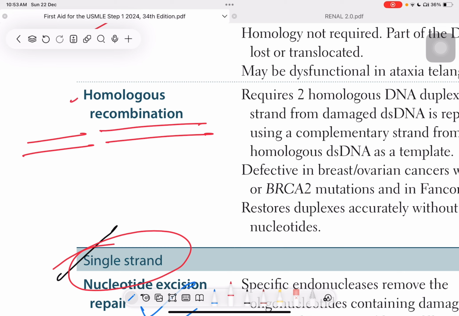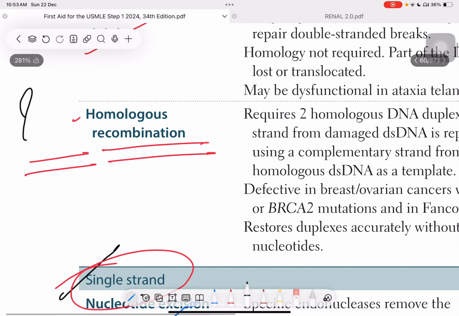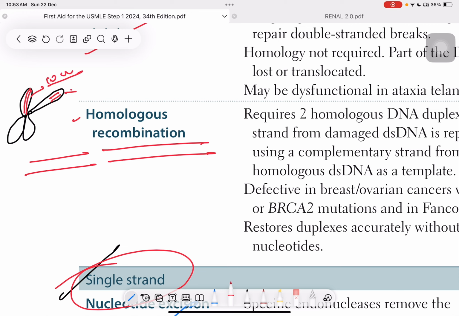So in a chromosome, let's say you have two copies of each DNA. Let's say this here is chromosome number 11 and you have a break over here, and this is the correct sequence which is present. So this sequence will act as a complement to this broken DNA and will repair it.